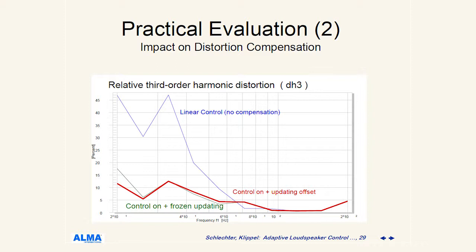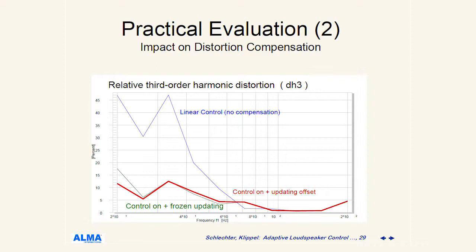But it looks very different if you look at second order harmonic distortions. Here you see below resonance frequency, I think the resonance frequency is somewhere here. Below resonance frequency, if we don't update, we might even be worse than the true loudspeaker.